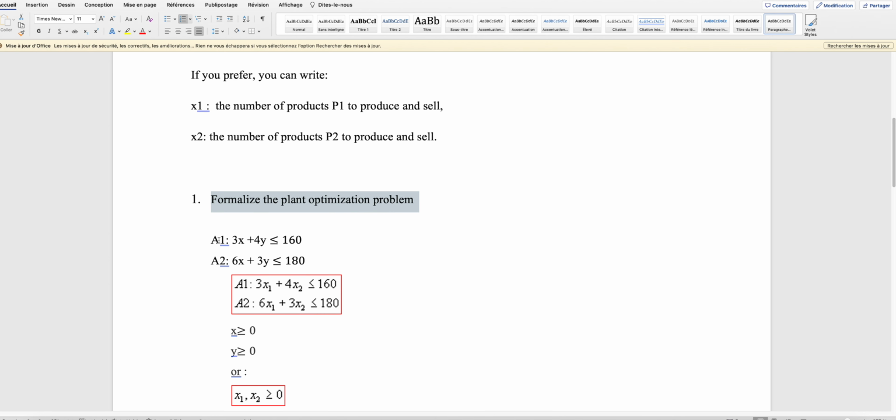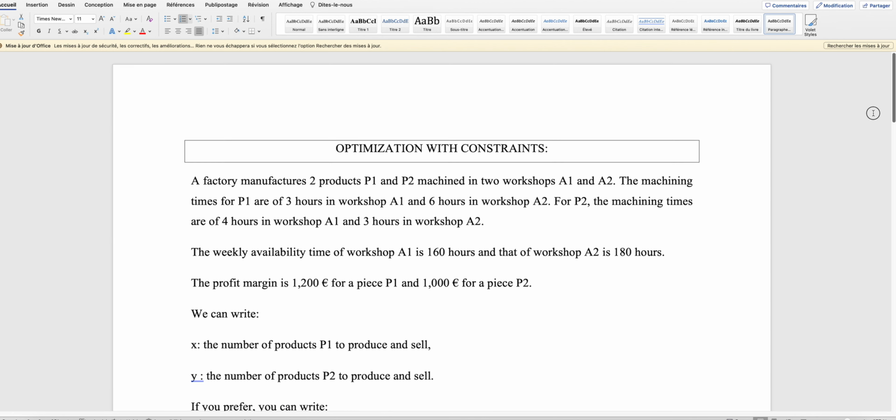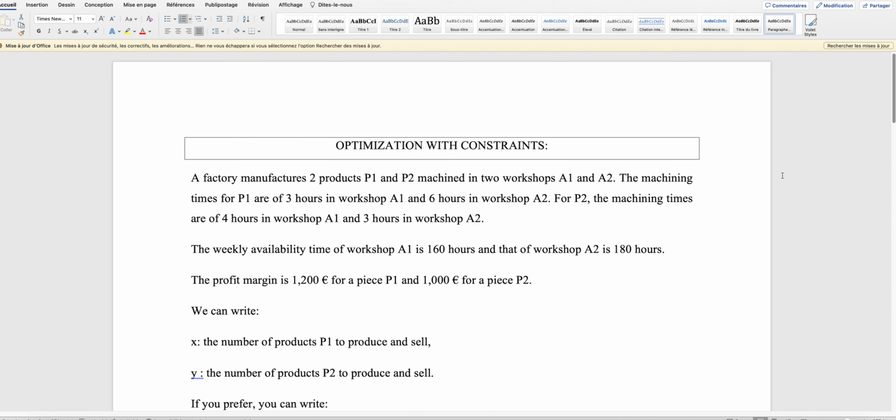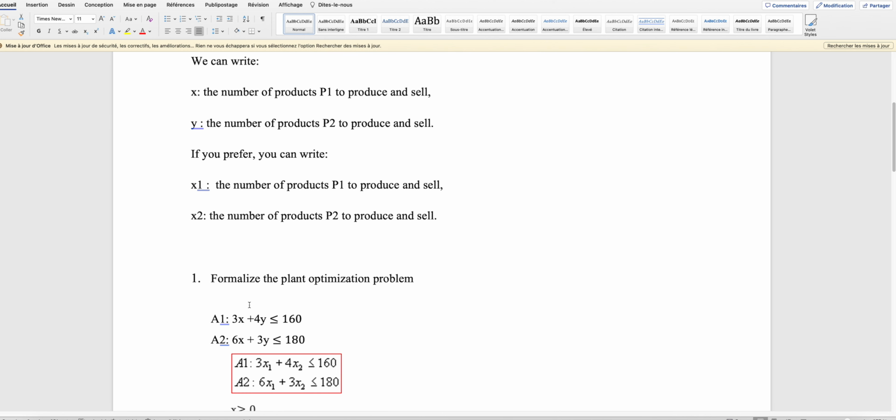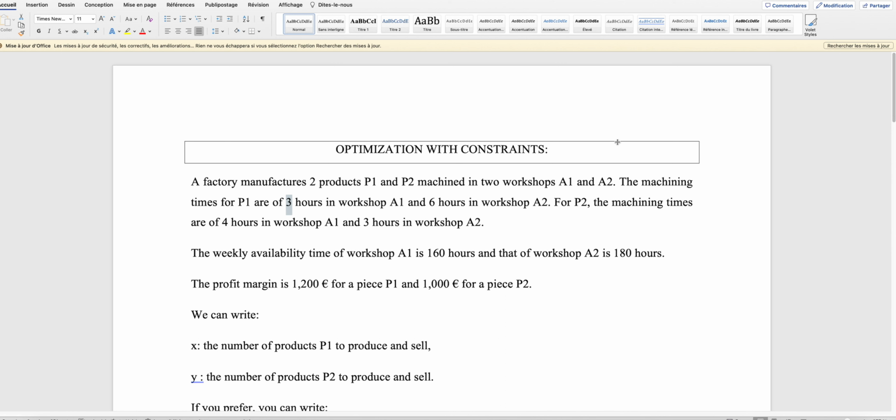In workshop A1, we have to use 3 hours to produce one P1. So we put 3x, plus we add the consumption of hours for the product P2.